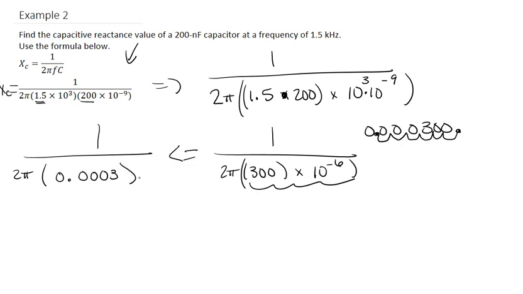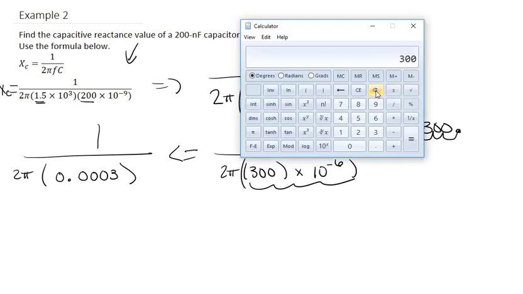Now let's get our calculators out. We go 2 times pi times 0.0003, and we get 0.001885.